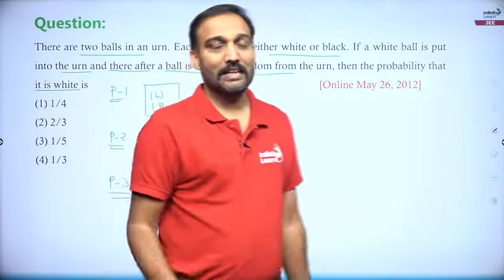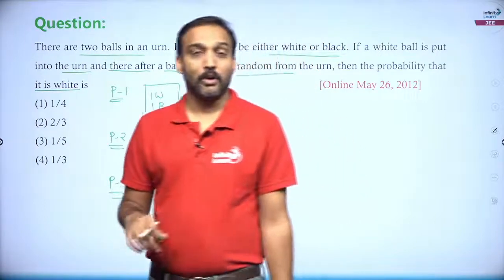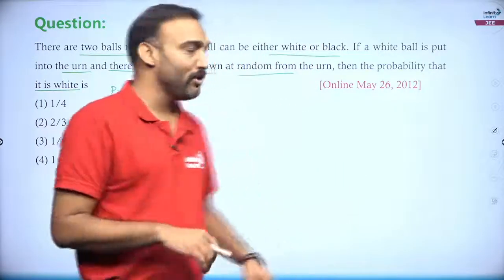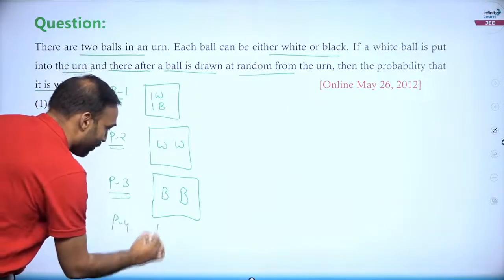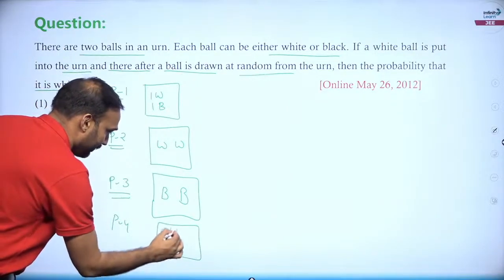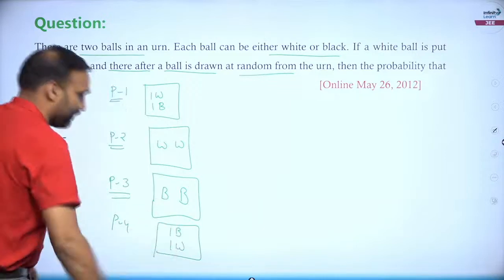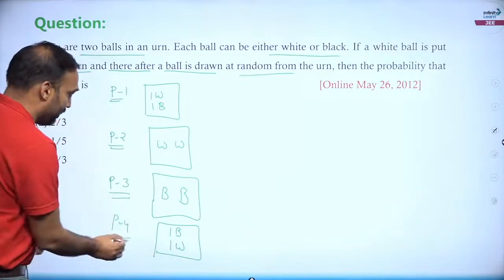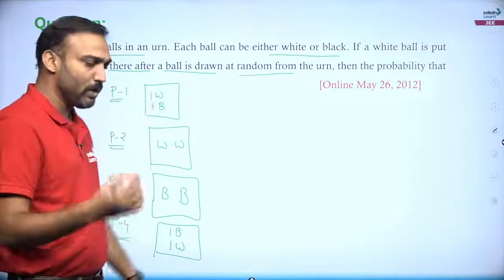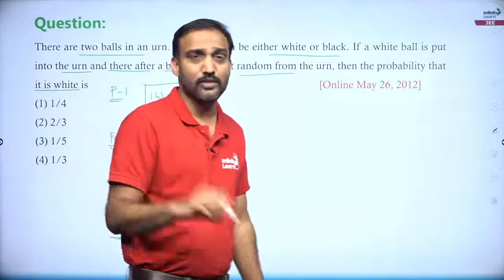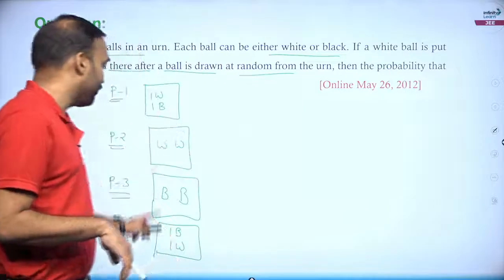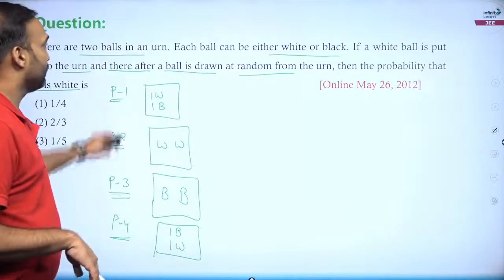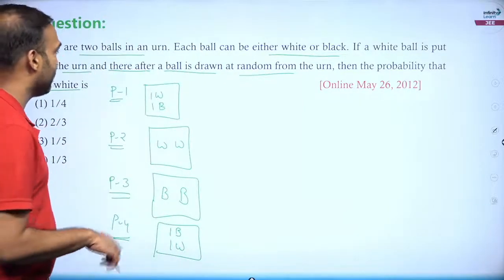Yes, there would be one more, because the first ball white, second ball black, or the first ball black and the second ball white. These two will be 2 different cases. The first ball is white, second is black, or the first is black and second is white. These are 2 cases. So I have to make 4 different cases over here. So now we have these 4 possibilities.